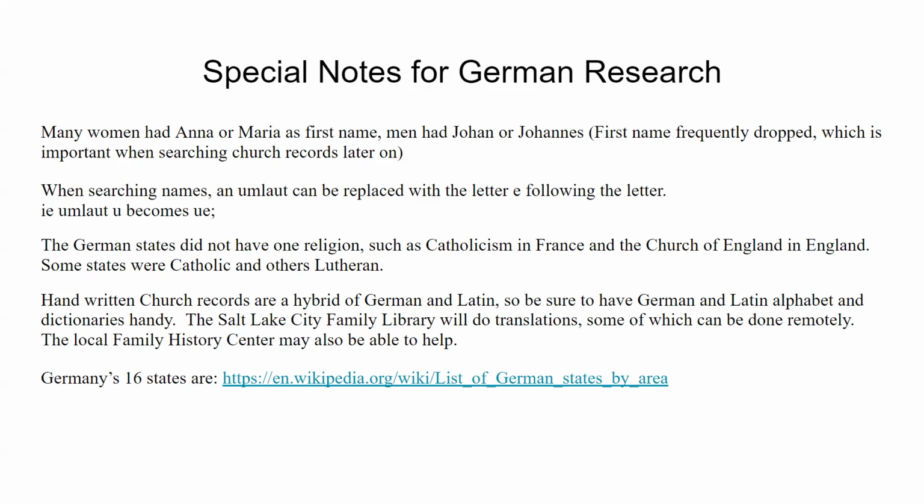So it's important to have available your Latin vocabulary, the German vocabulary, and the German alphabet. And believe me, the handwriting varies. It's difficult, but over time you get proficient at interpreting it.